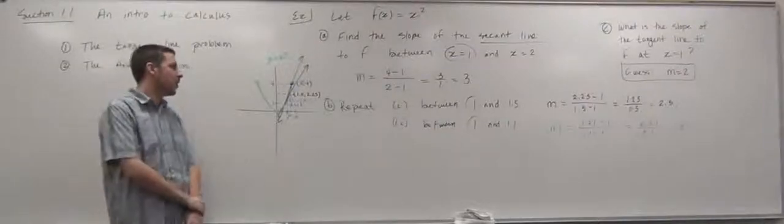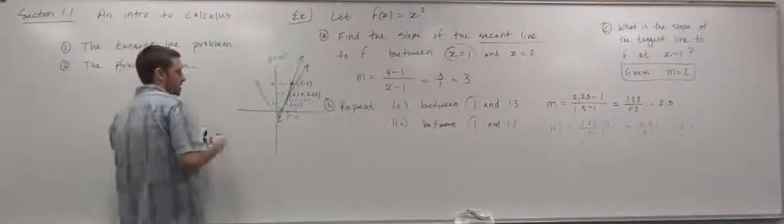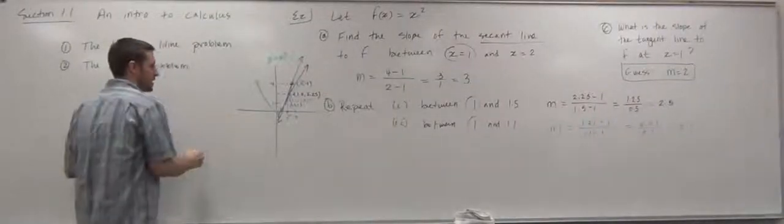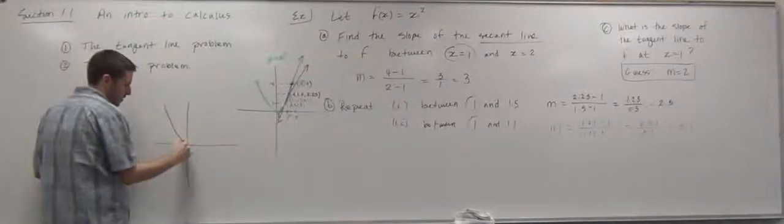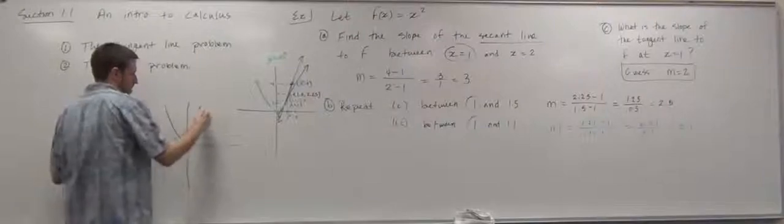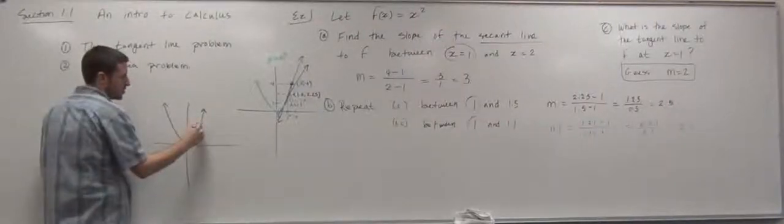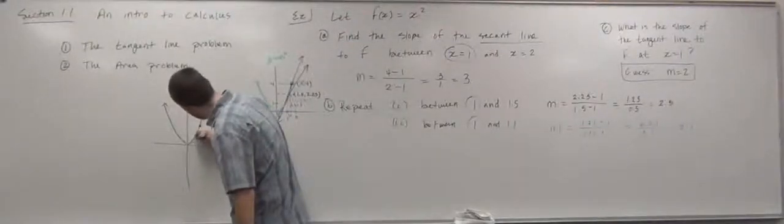Because one thing, what do you notice, for example? Let me draw another graph because this is getting kind of messy. Here's x squared. Something like that. If I draw a tangent line over here, remember, a tangent line only hits your graph at one point.